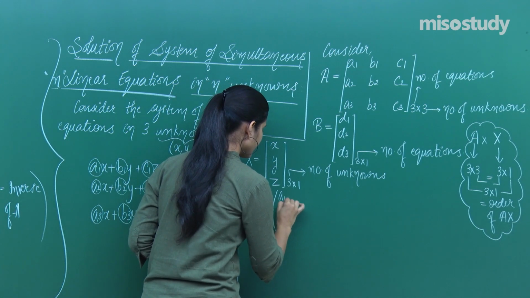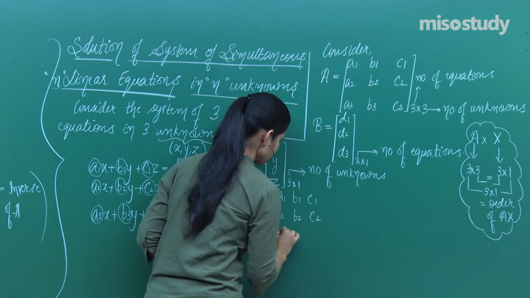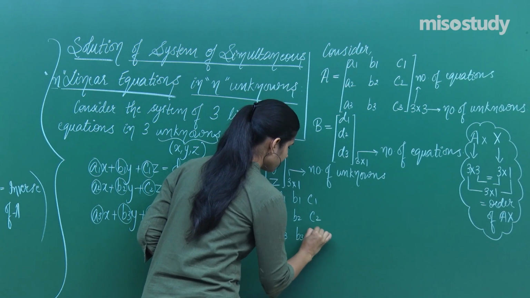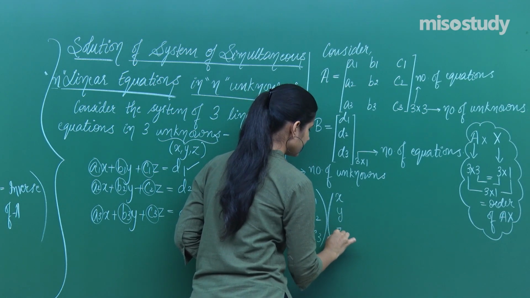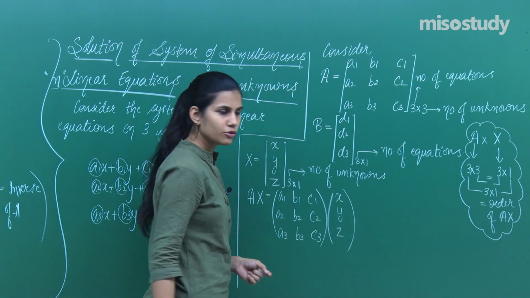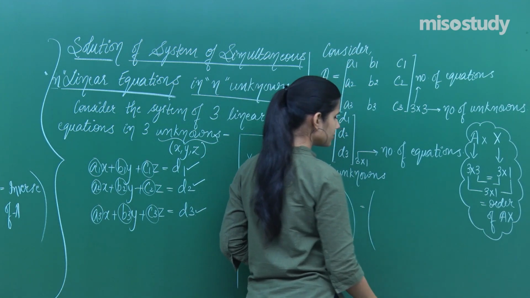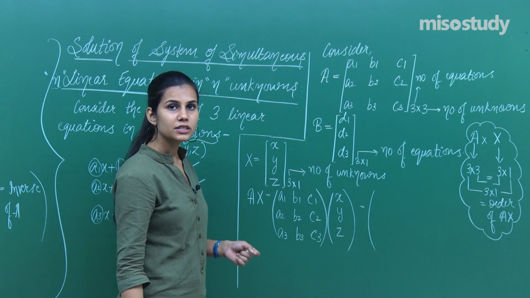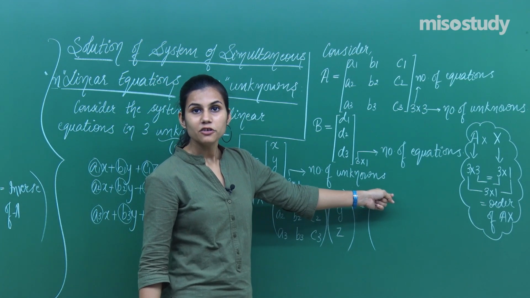A is what? a1, b1, c1, a2, b2, c2, a3, b3, c3. And X is what? x, y, z. You know how to multiply. It is a 3 cross 1 matrix, so I know it has 3 rows and 1 column. What will be the 1/1th entry?